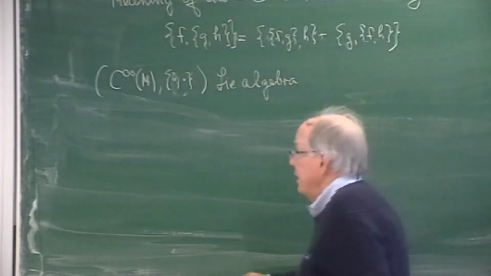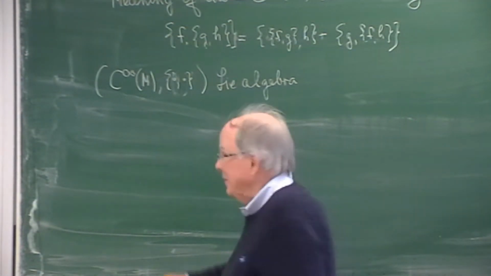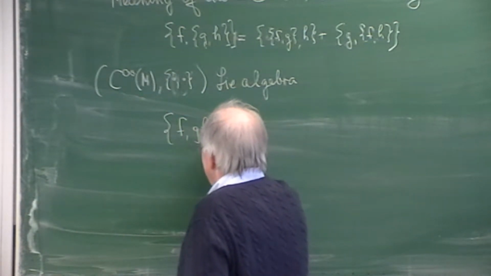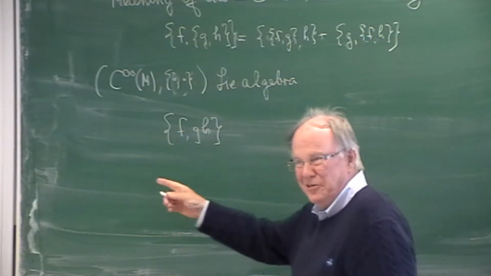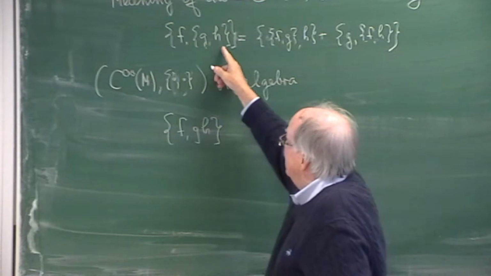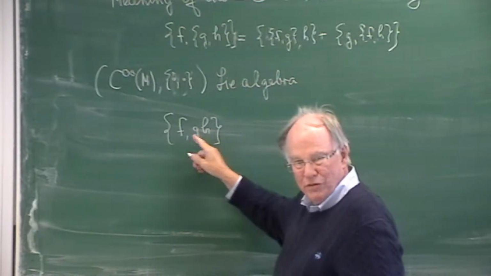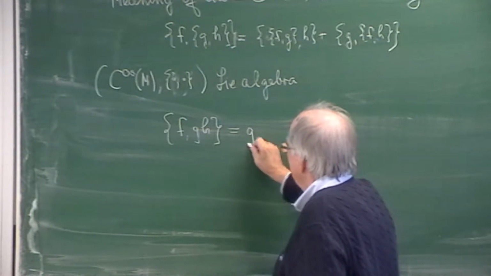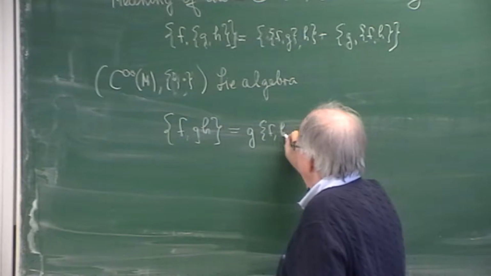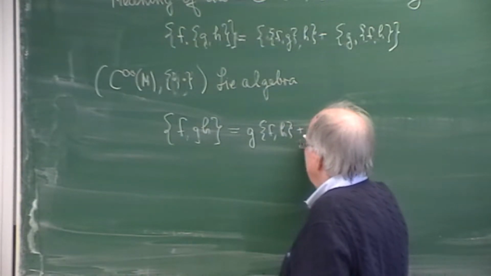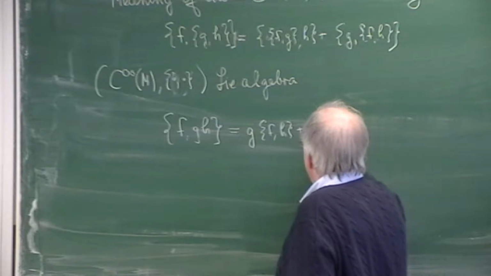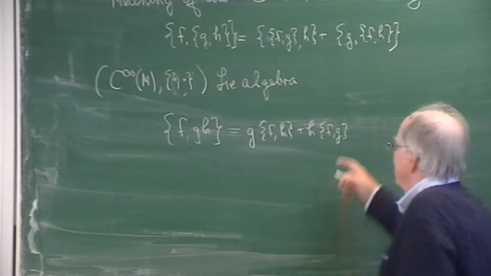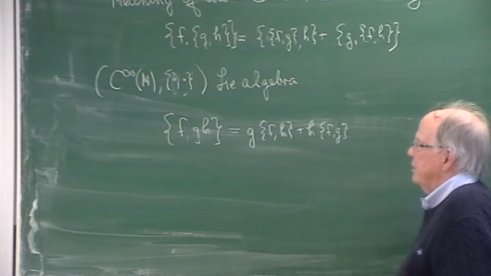It's wonderful. And there's something even better. You check that {F,GH} equals G{F,H} plus H{F,G}. See, you've got a lot of structure going on. You have multiplication by Poisson bracket here, but you have also multiplication by the usual functions. These functions commute, so I can write that in a sloppy way.